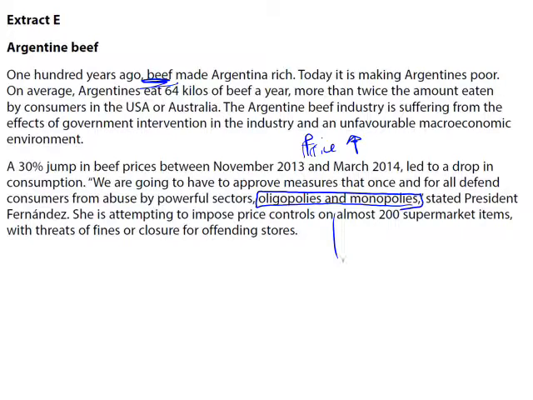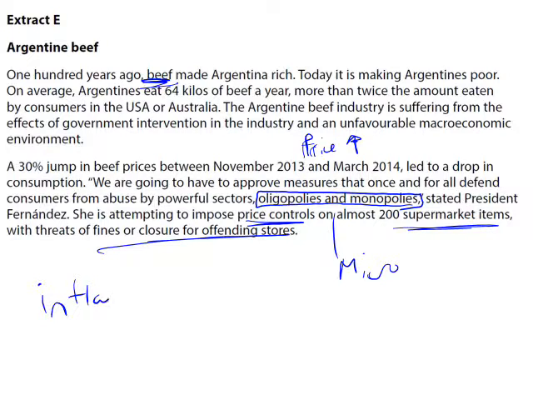So in a question, that might be a micro topic to balance with the majority of the macro topics which I mentioned here. She's attempting to impose price controls on almost 200 supermarket items with threats of fines or closures for offending. So now we can see what type of price control it is.